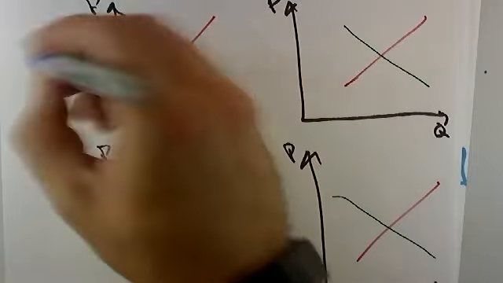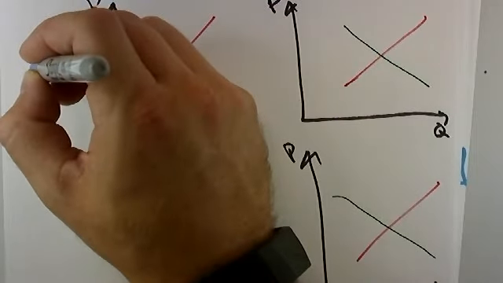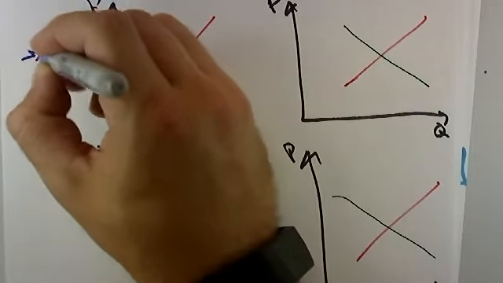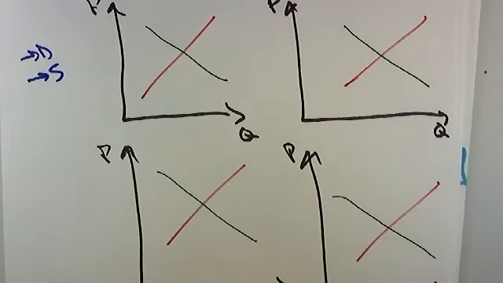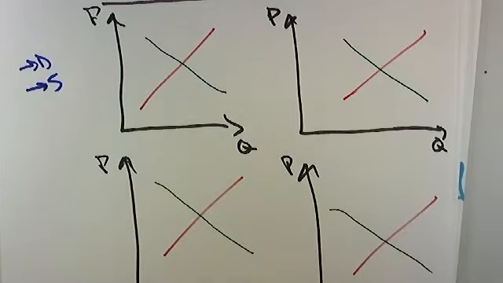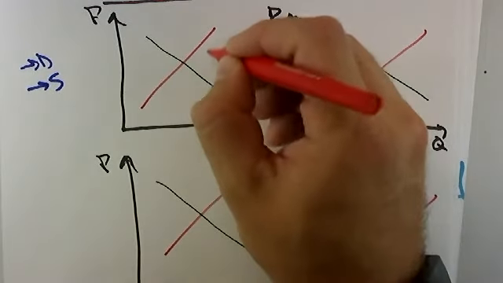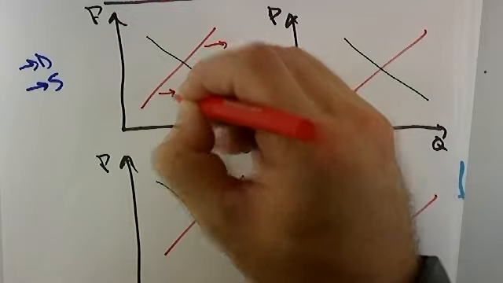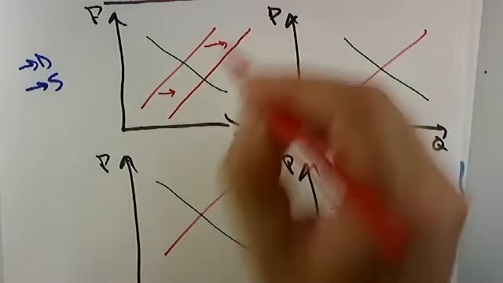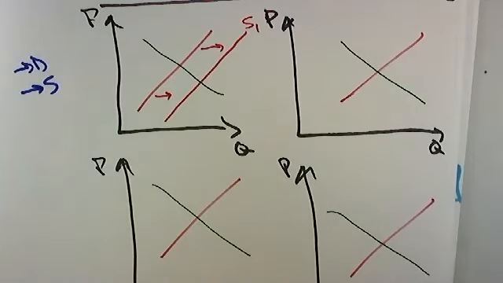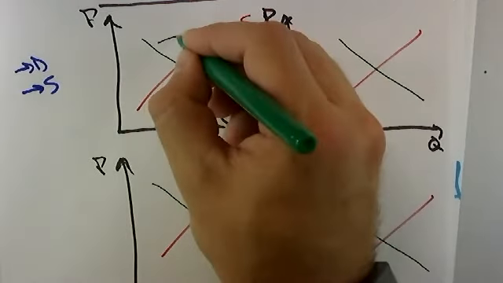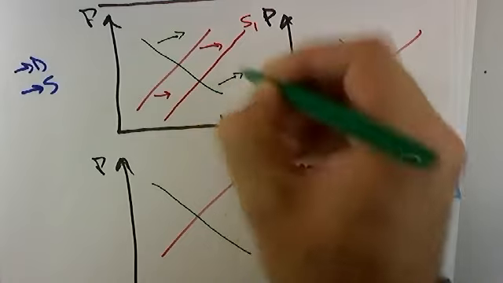So what if we have a shift outwards in demand and a shift outwards in supply simultaneously? Well, our shift outwards in supply looks like this. Our shift outwards in demand looks like this.